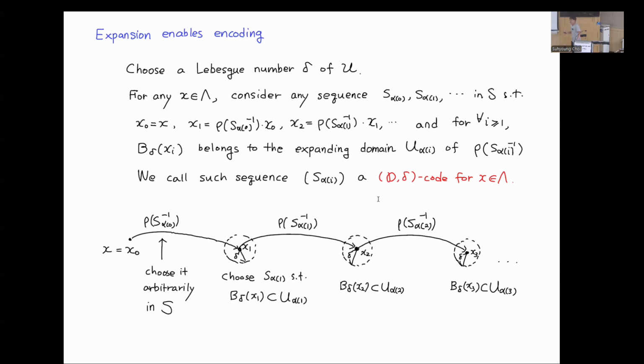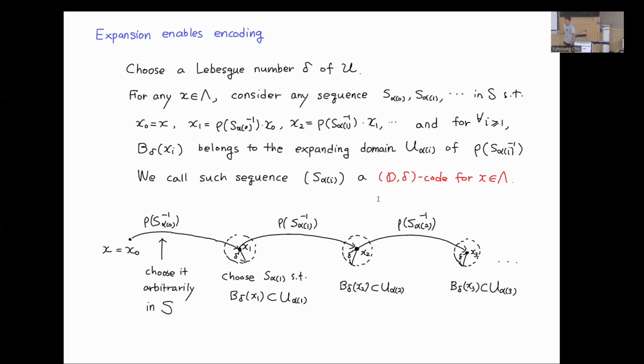Like this, you obtain a sequence of elements of S and a sequence of points of lambda. We call this kind of sequence a delta code for x. There are many choices for s_alpha_1, s_alpha_2 inverse, and so on.